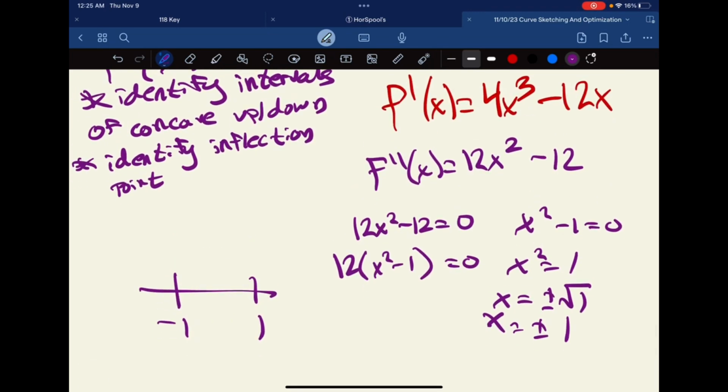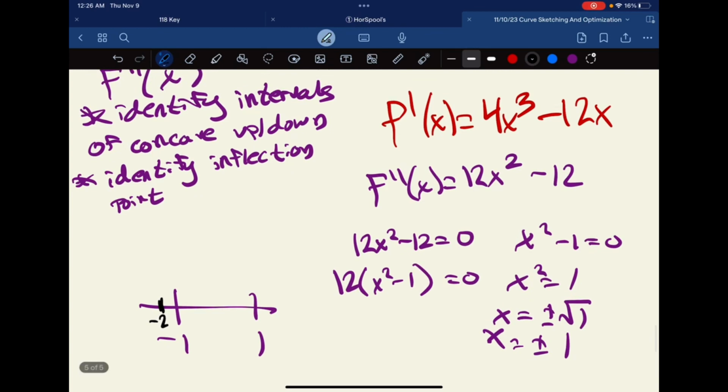We take something just to the left of -1, call it -2. This becomes positive, right? Because then we would have -2 squared is 4, minus 1 is positive 3. So we are going to be positive here.